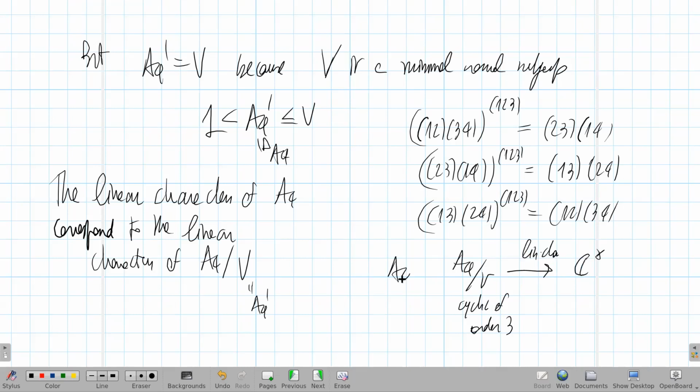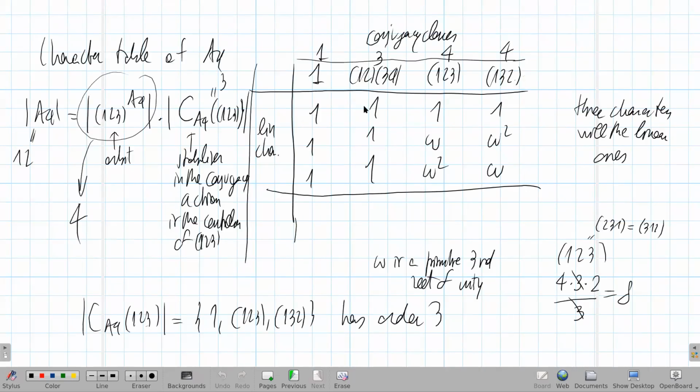And then, of course, you put the natural epimorphisms here, and you obtain linear characters of A4, where V goes in the kernel. So this is how you do the linear characters. You put this in the kernel, and then you get the values we already know for a cyclic group of order 3, like this. Good. So there are 4 conjugacy classes.